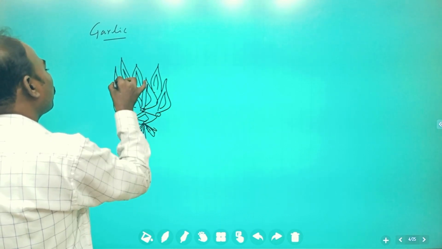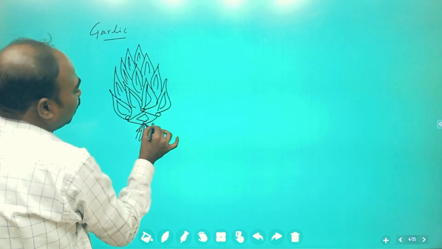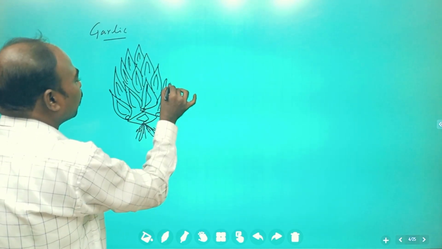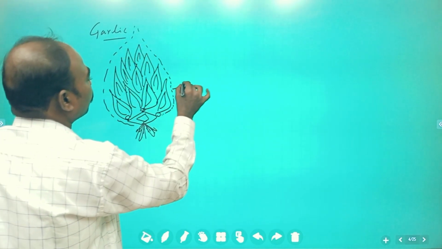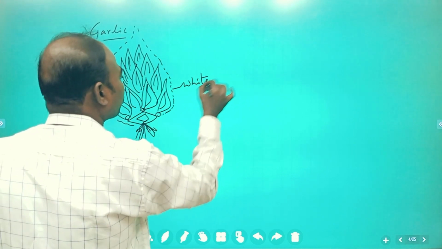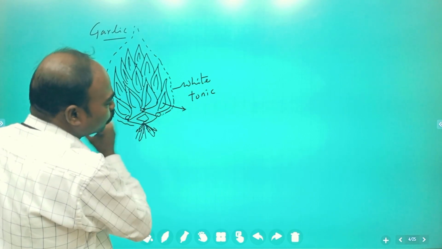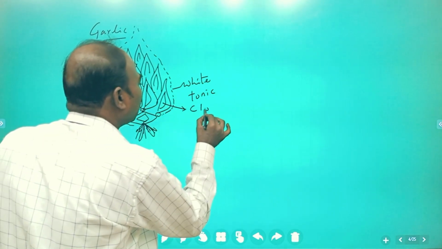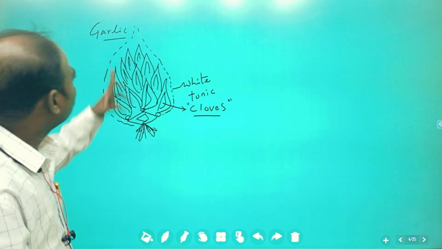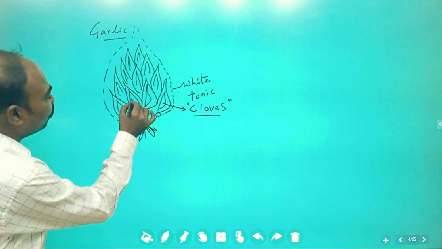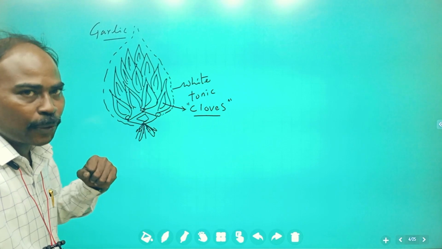Each and every scale leaf stores food material, but the total leaves are covered by a white-colored tunic. Here each and every individual leaf, called a clove, is covered with a white tunic. So in garlic, each leaf is called a clove, covered by a white-colored tunic.